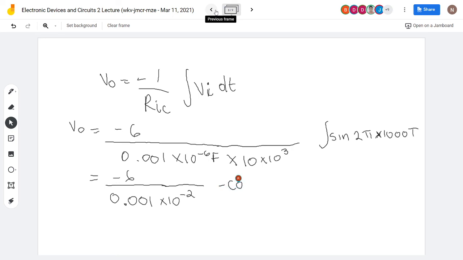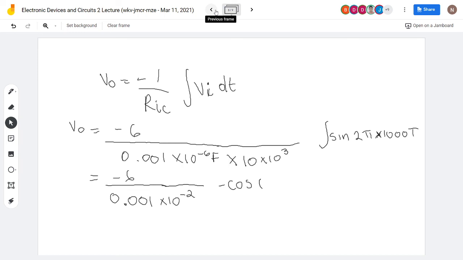Right. So we'll put in bracket. And the angle remains the same, except when you integrate the angle with respect to t, the 2 pi f, the 2 pi 1000, is going to go down to the bottom.